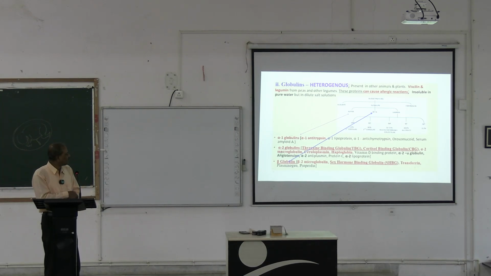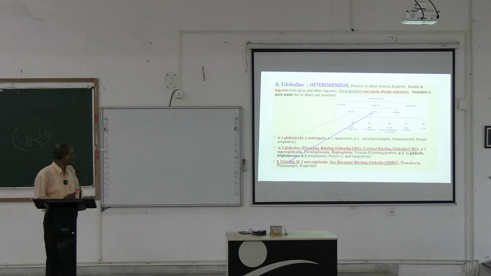So alpha 1 globulin, write down one at least, alpha 1 antitrypsin deficiency. Alpha 1 antitrypsin belongs to alpha 1 globulin, and if there is a deficiency, that causes a disease called emphysema of the lung. That you note down, emphysema, alpha 1 antitrypsin deficiency, only one. Others, if you can remember, that is all right, no issue.